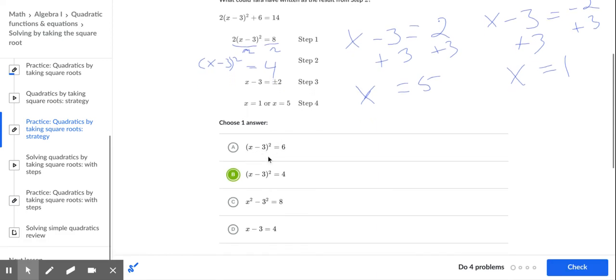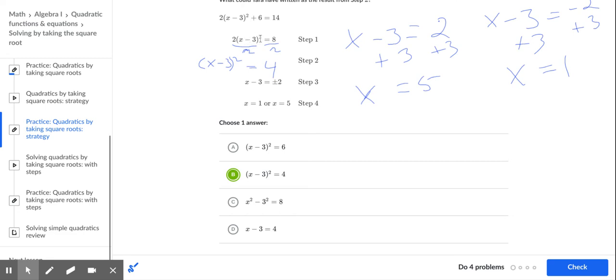Note that this one doesn't make sense because if I divide by 2, they subtracted 2 instead of dividing by 2, but this is being multiplied, so we need to divide. So the 6 doesn't make sense. That doesn't make sense either. You can't distribute a squared when you have addition or subtraction in between, only if you had multiplication or division.